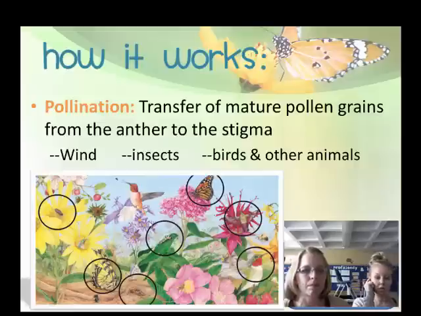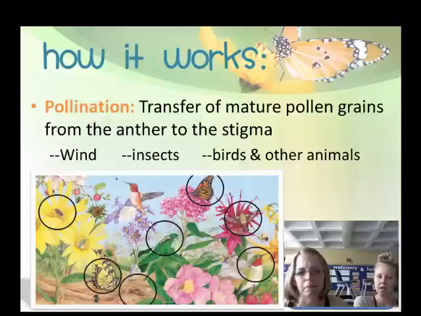Insects, it can be honeybees, but there's other insects as well, butterflies, caterpillars. And then other birds and animals, like hummingbirds. Oh yeah, that's a good one. And just pay attention in the definition there, how it says the mature pollen grains. Just because a flower has pollen doesn't necessarily mean that those pollen particles are ready to fertilize an egg.